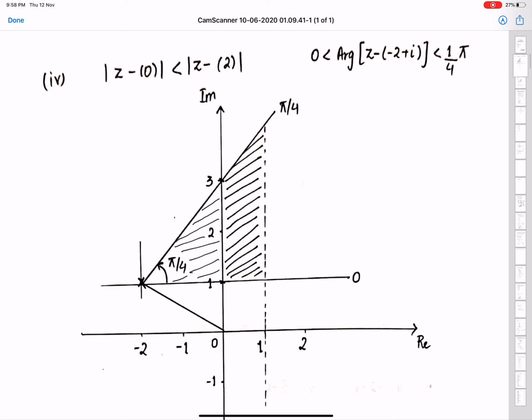So this is the perpendicular bisector of 0 and 2. The midpoint of 0 and 2 is 1. So here is the perpendicular bisector. Since this inequality is towards 0, therefore you need to shade this side of the bisector.